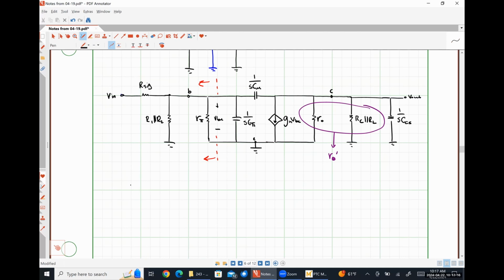So we have a voltage Vn. Here's R sig. Here's R1 in parallel with R2. Here's R pi, and I'm just going to tie those three grounds together down here. And I'm going to call this voltage VThev.